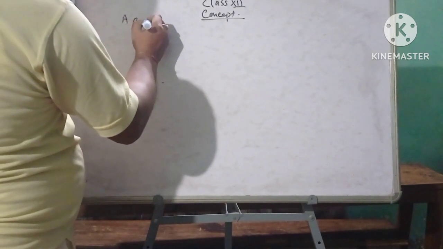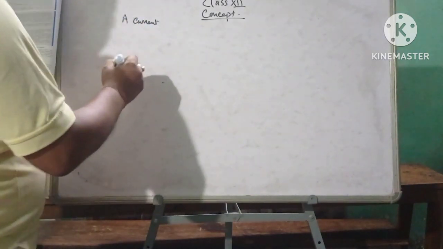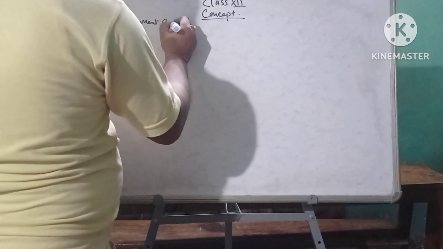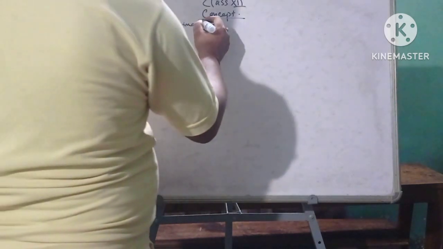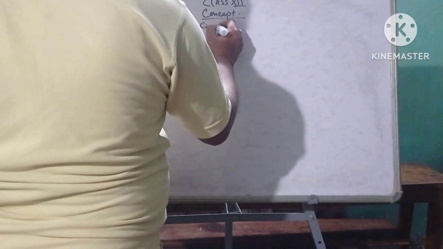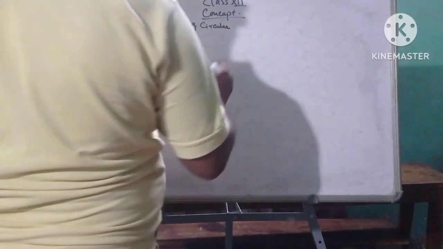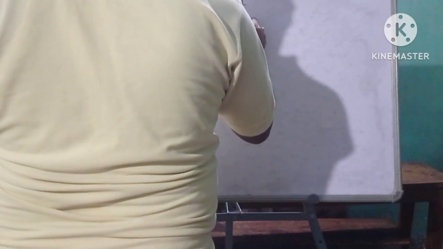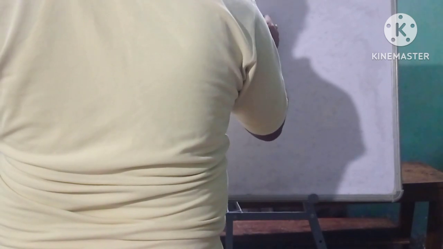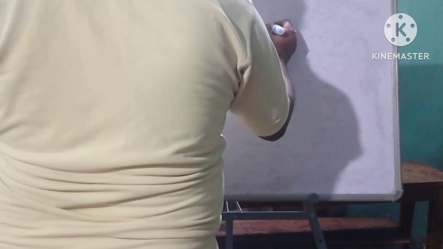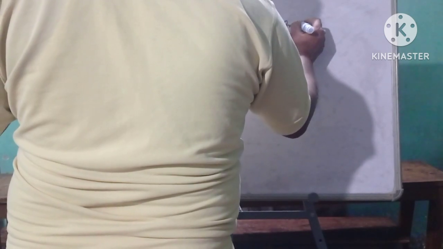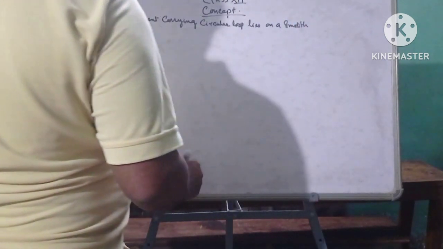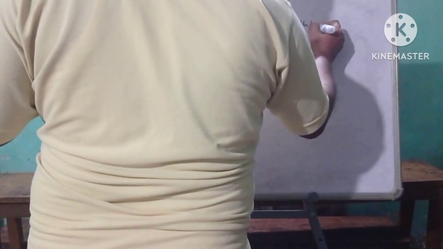The question is: a current carrying circular loop lies on a smooth horizontal plane.